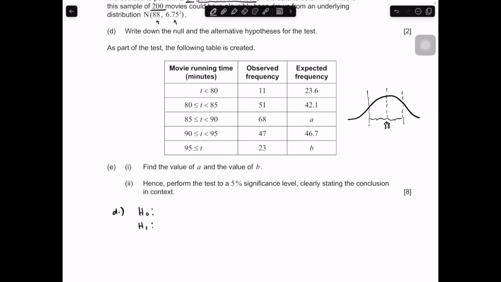And the null hypothesis would then be that the runtime of family movies can be approximated or modeled by a normal distribution, or the alternative is that runtime is not approximated or modeled by a normal distribution.